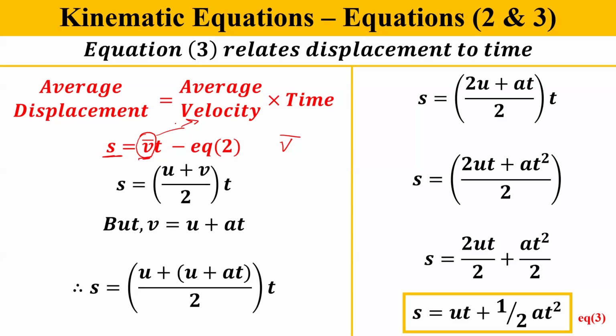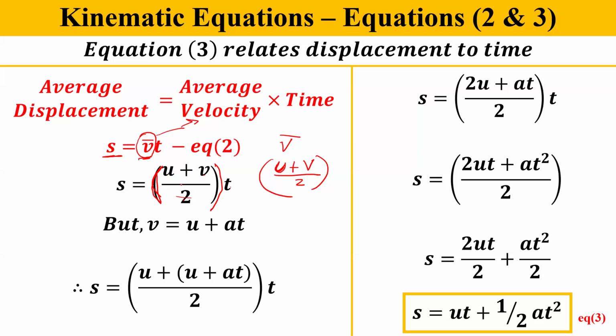So average velocity is the sum of the two items: initial velocity plus final velocity upon 2. That gives you your average velocity times time.